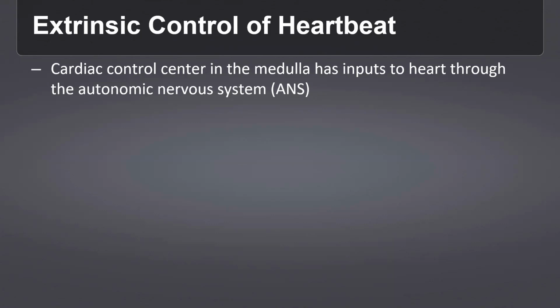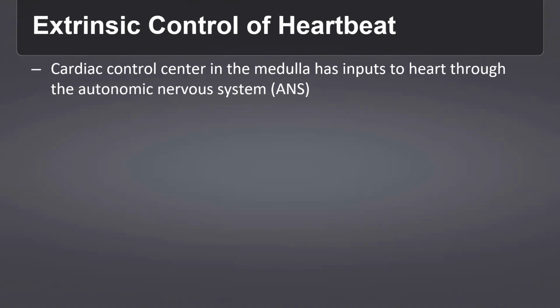The word autonomic sounds a whole lot like what word? Automatic, that's right. The autonomic nervous system deals with things that are done automatically, like breathing. You don't have to think to breathe in and breathe out. I mean, you can, but you don't have to think every single second to breathe. It happens automatically.